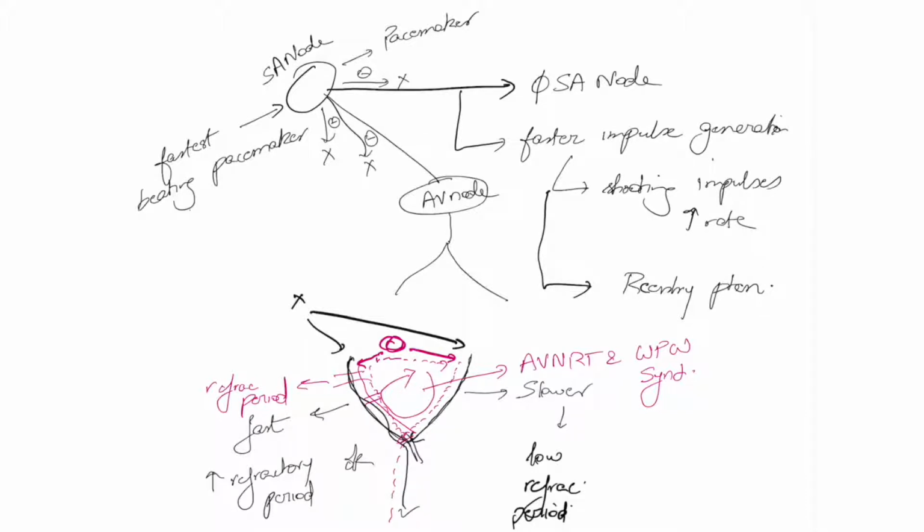If something happens to the SA node, another focus might try and take up its function and keep the heart going, or another focus in the heart might just be faster than the SA node, in which case it would end up generating the waves of depolarization in the heart. And lastly, the faster impulse generation could be because of the re-entry phenomenon.